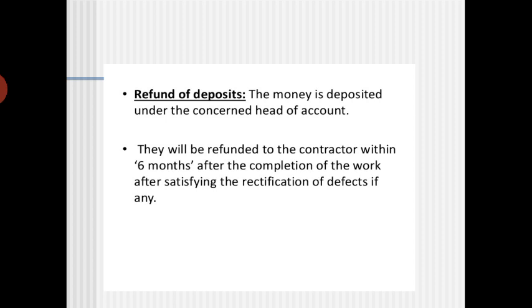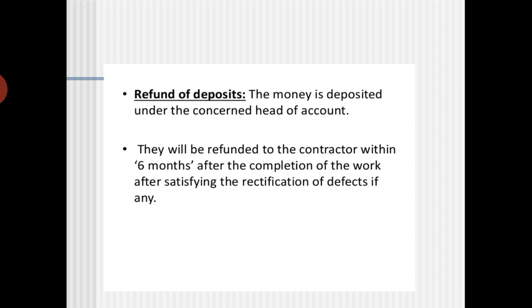After completion of the works, they will go for third party inspection. In that third party inspection, a person who is apart from the contractor or the engineer will come and verify the details in terms of quality as well as quantity.